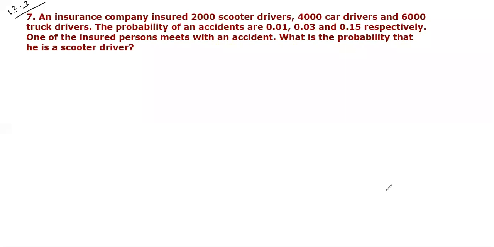An insurance company insured 2,000 scooter drivers, 4,000 car drivers, 6,000 truck drivers. So there are three events. How many events are there? 2,000 scooter drivers, and this is event number 1.